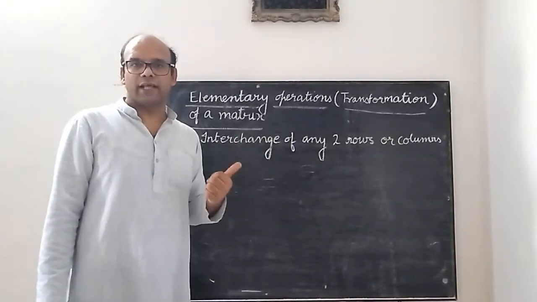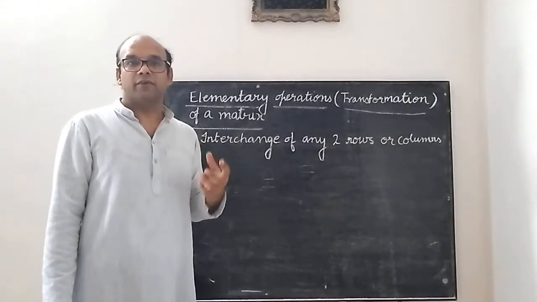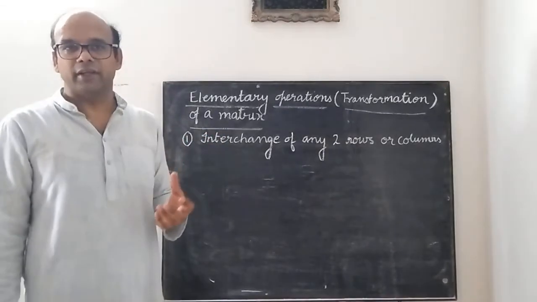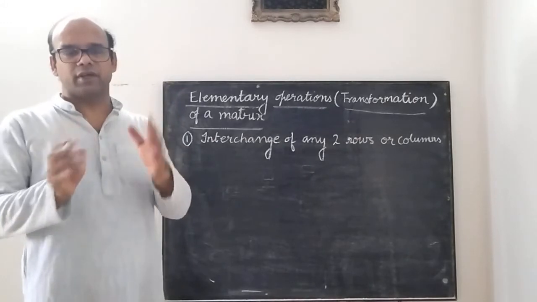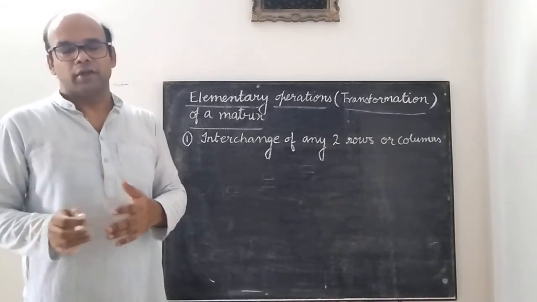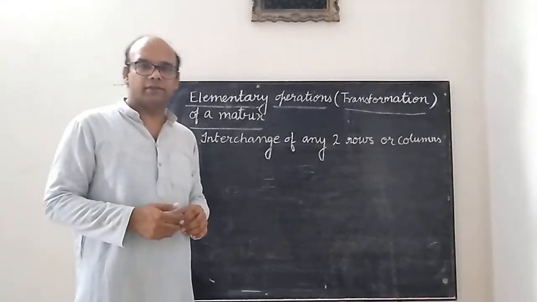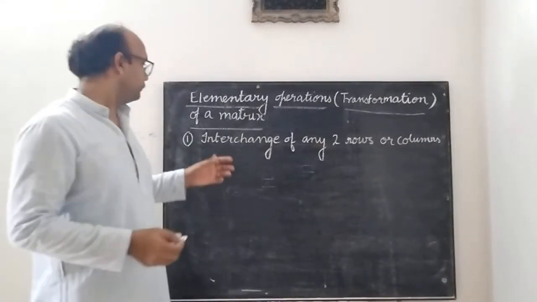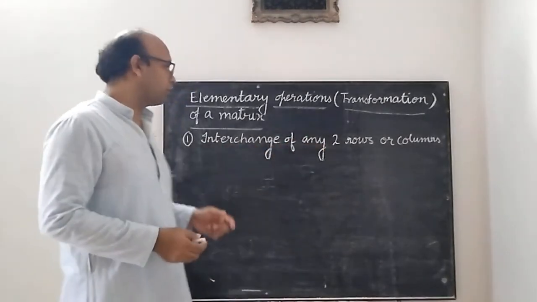We use them in finding the inverse of a matrix and in solving a system of linear equations. Sometimes we have a system of equations and we convert that into the echelon form. These are concepts which you might be studying at a higher level. So the first one is interchange of any two rows or columns.